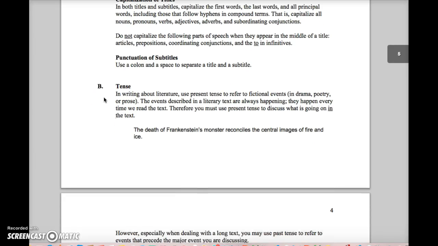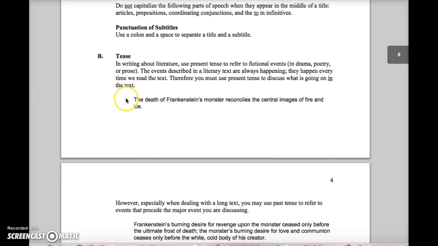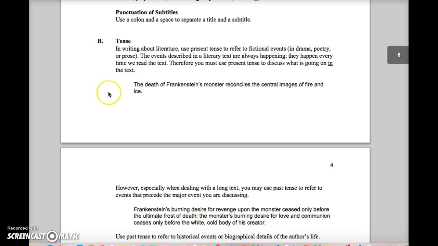All right, other information. So here you can use present tense. This is something that students often don't do or forget to do, but you should be talking about the events of a piece of text as if they are happening. So everything should be written in present tense.